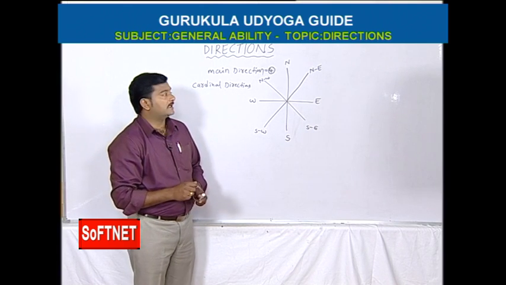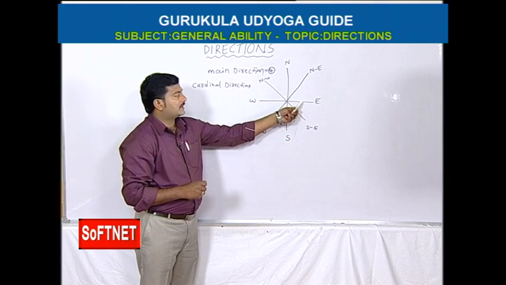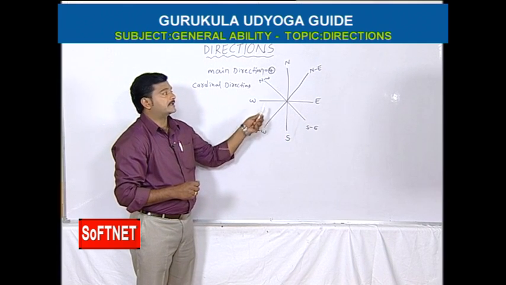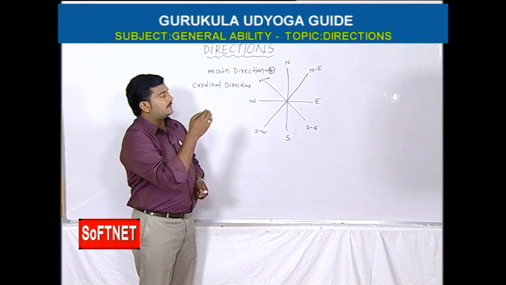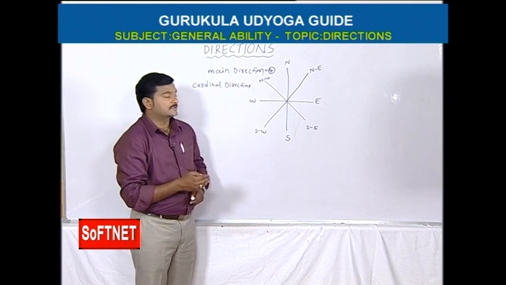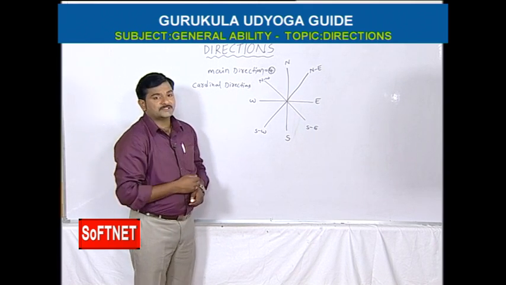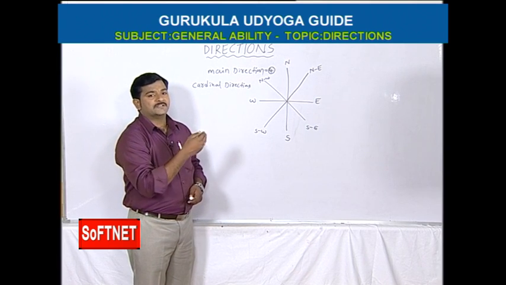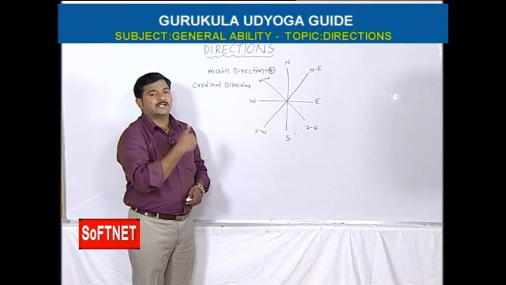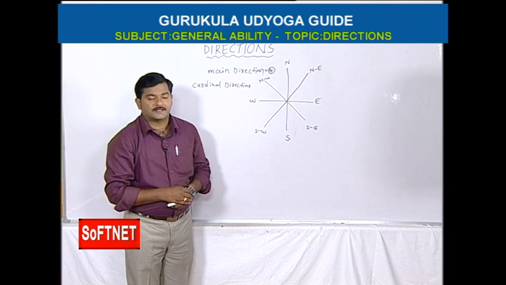I repeat: the angle between any two consecutive main directions. So what does it mean? The angle between north and east is 90 degrees. The angle between east and south is 90 degrees. Similarly south and west is 90, as well as west and north.